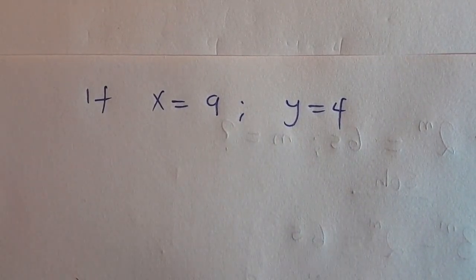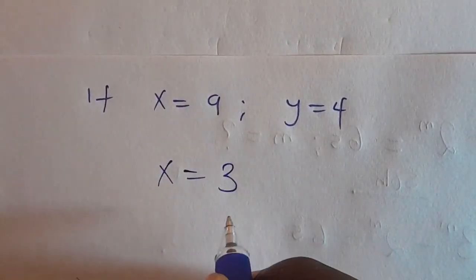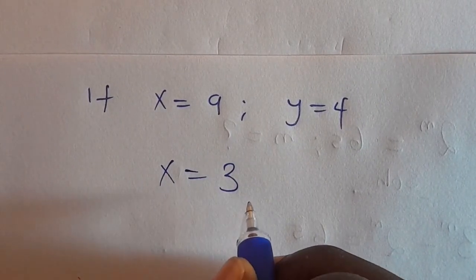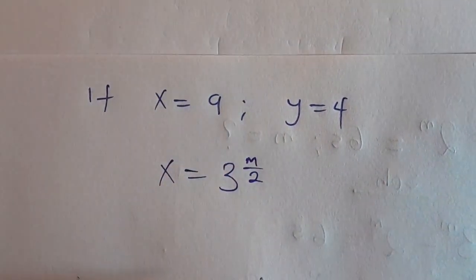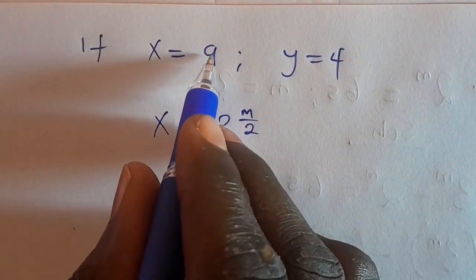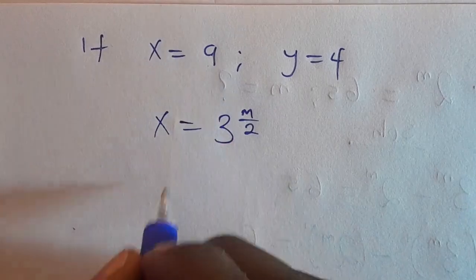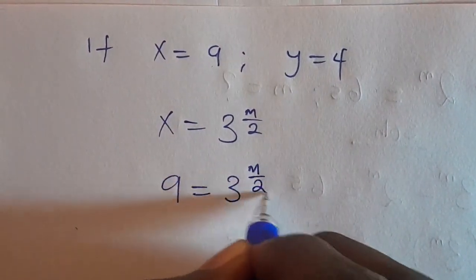Then we have to recall that we have x equals 3 to the power of m divided by 2. And so from here, we have x equals 9. So we have 9 equals 3 to the power of m divided by 2.